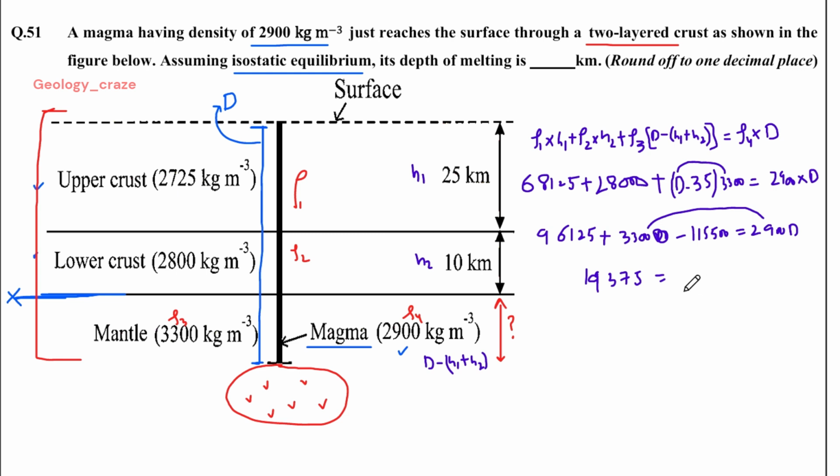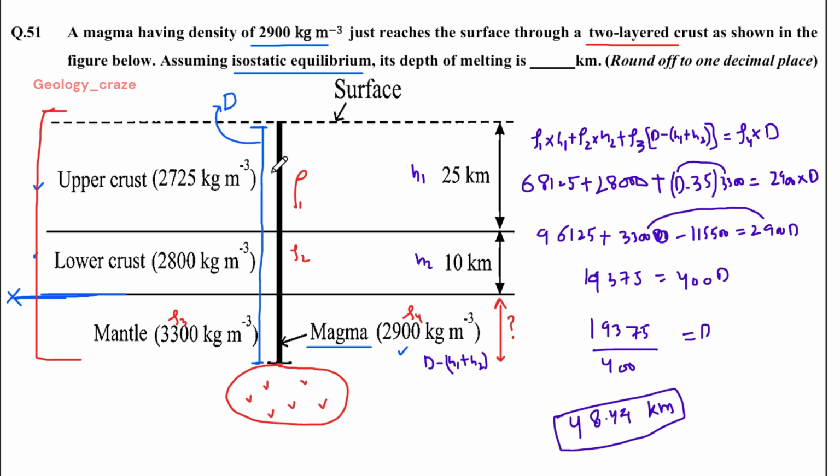Minus with minus cancels, we will get 400 d. So we will divide it by 400. After dividing we will get 48.4 or 48.3 kilometer.